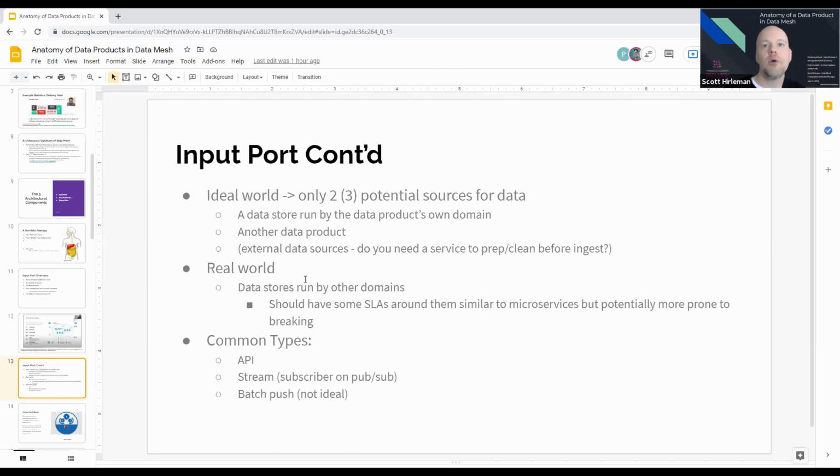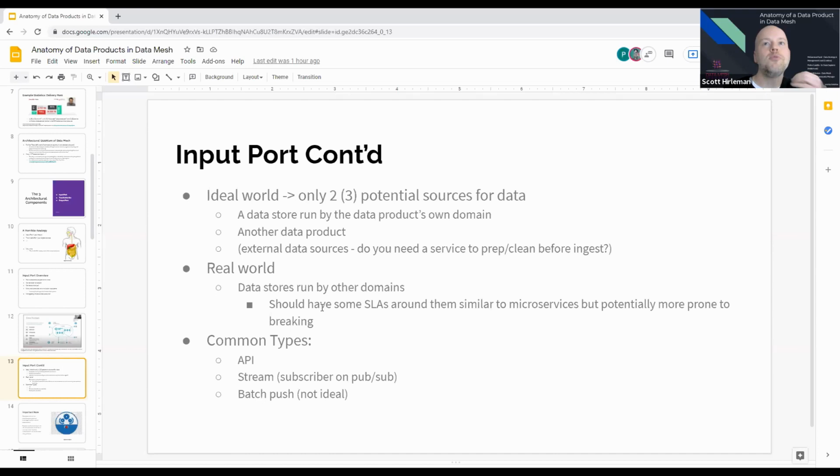But in the real world, that's not at all the case, right? You're going to have data stores or other things that are run by other domains that don't necessarily have that SLA. So you've got to figure out how you're doing that, and you want to try and negotiate with that domain to be pulling. If you're pulling data from their operational database, how are you doing that?